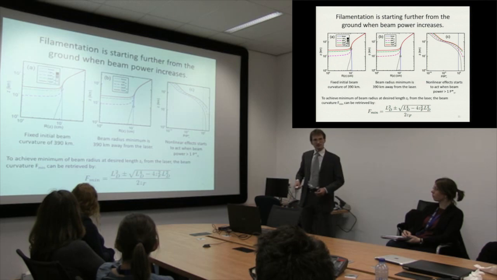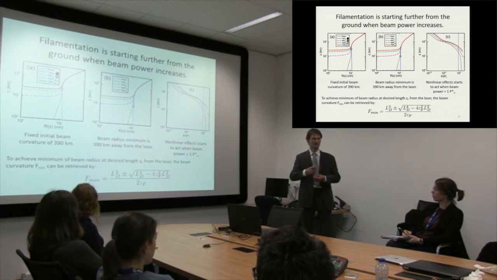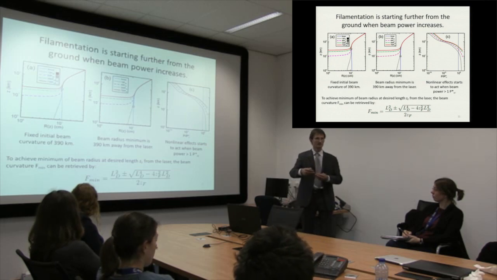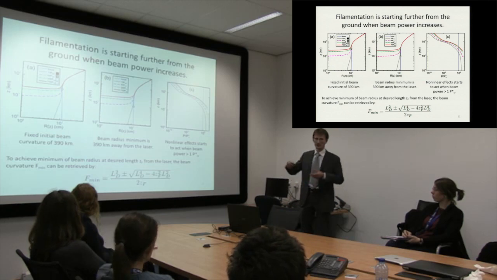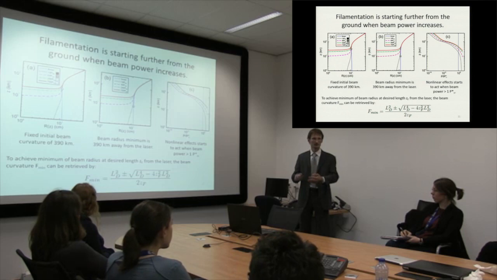From the linear Gaussian optics, we see that if you put the lens, the minimum of a beam does not correspond to what is written on the lens. On the lens, it is a focal distance. However, the minimum of a beam, in linear case, departs from it.